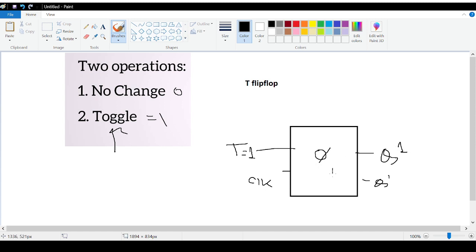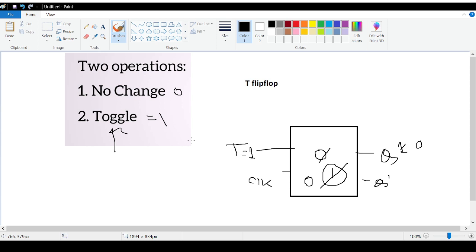Again if I pass 1 through T, currently I am storing 1, and my next state will change and it will become 0. So the toggle operation, whenever I am passing 1 through T, whatever value is currently stored inside my flip-flop will be inverted. If 0 was stored, it will become 1, and if 1 was stored, it will become 0.